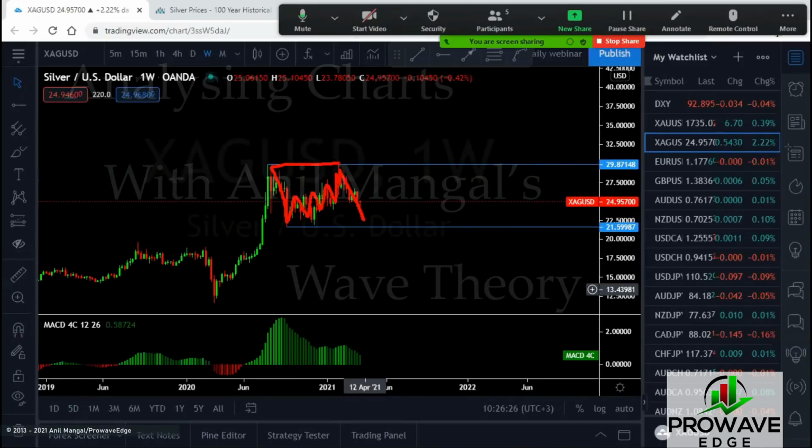If we see this, the assumption we will make is that when this is finished, either it breaks the low or not, when it's finished, it will make one more of that up. That's a 90% chance. You can actually stick around, and if you stick around long enough, you will see it, because I'm on a weekly chart, that will probably be months from now, but you will see it, right?